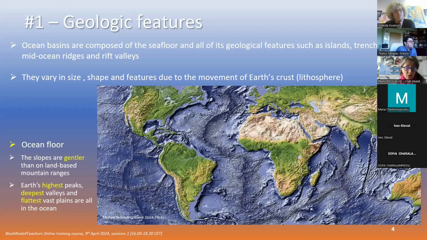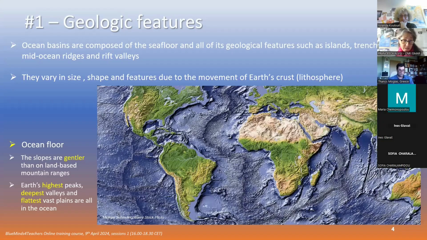What is the difference between the land and the ocean surface? On land we have air on top, and in the ocean we have water. This changes a little bit the processes that act in these systems. So the slopes are gentler than on land, but the highest peaks, the deepest valleys, and the flattest vast plains are all in the ocean.